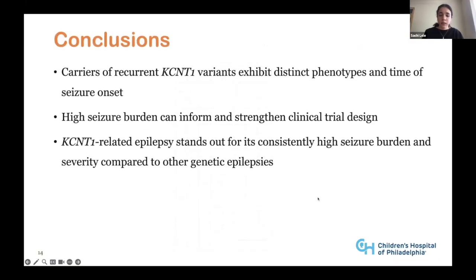So all in all, the individuals with these specific recurrent variants did exhibit distinct phenotypes and time of seizure onset. And these individuals with KCNT1 have high seizure burden and severity that stands out compared to other genetic epilepsies, but does inform and strengthen future clinical trial design.